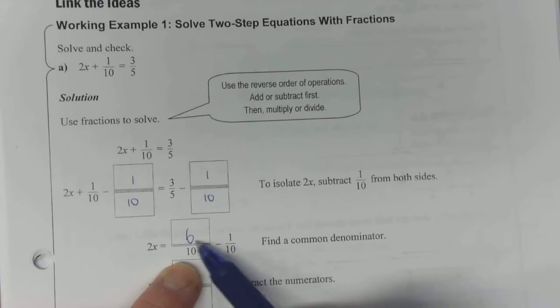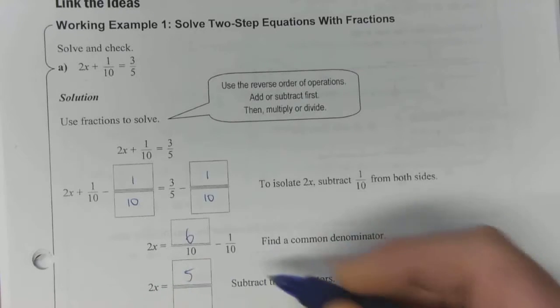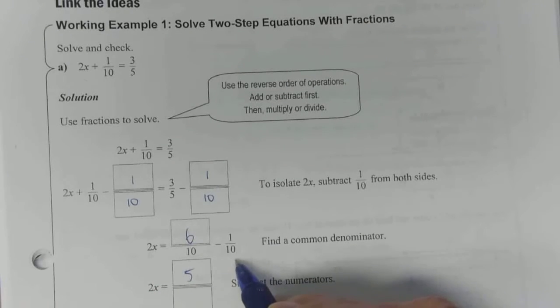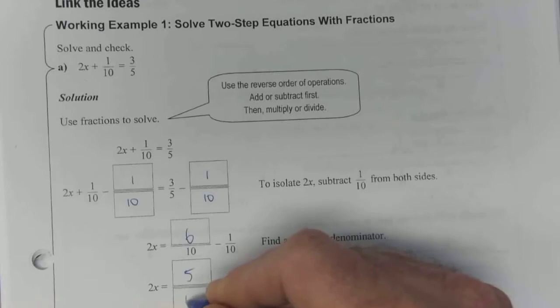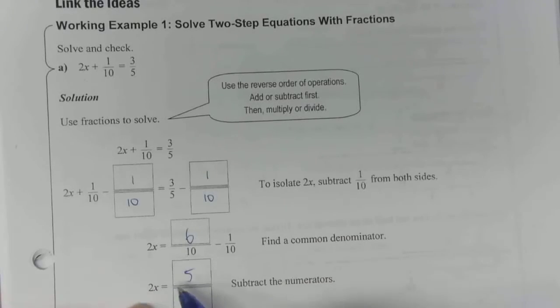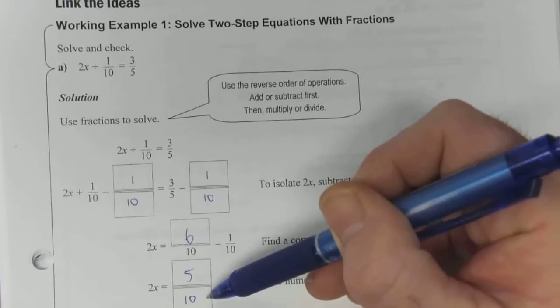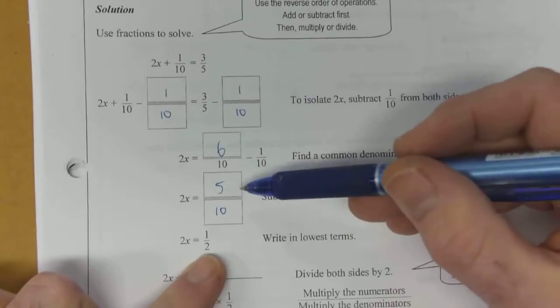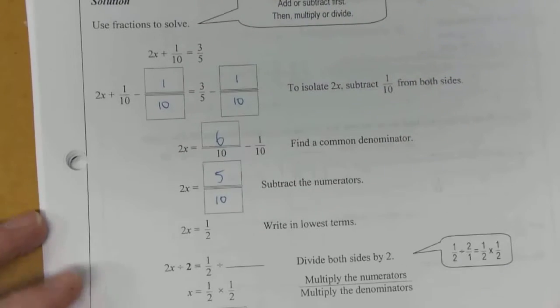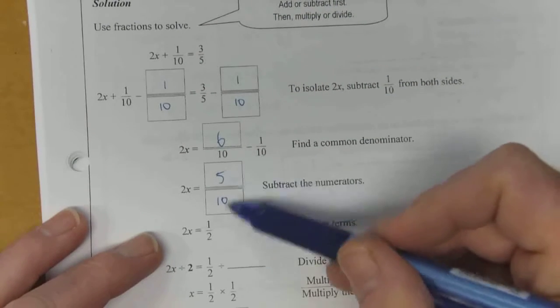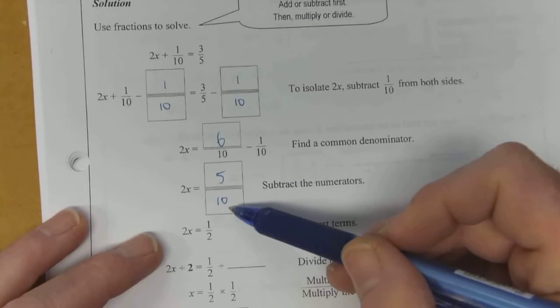And that is pretty straightforward. 6 minus 1 is 5. And then the common denominator, we don't do subtraction with that. It just stays a 10 on the bottom. So now we have a new equation that's 2x is equal to 5/10. That's what we're working with now. So now, you can convert this to lowest terms if you want.